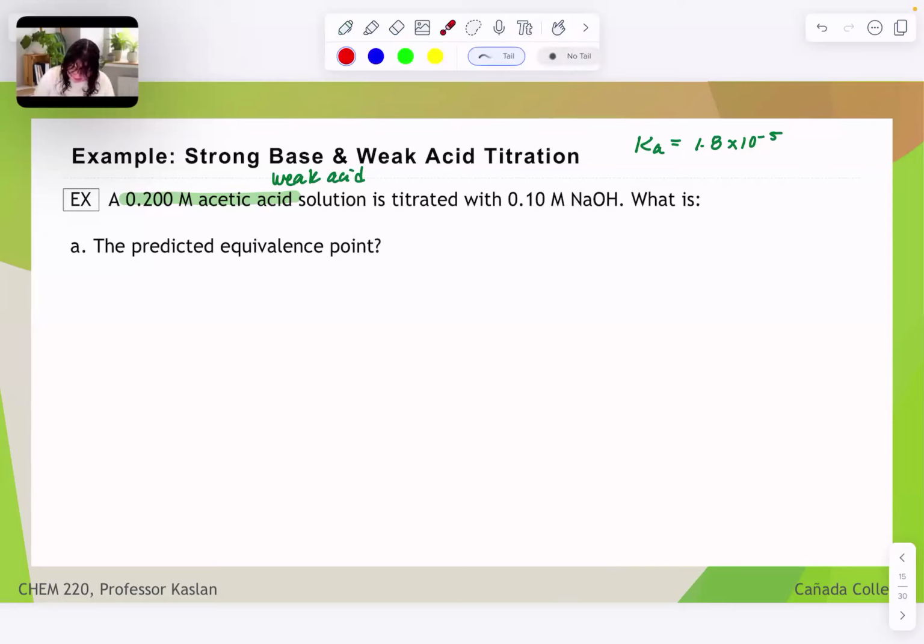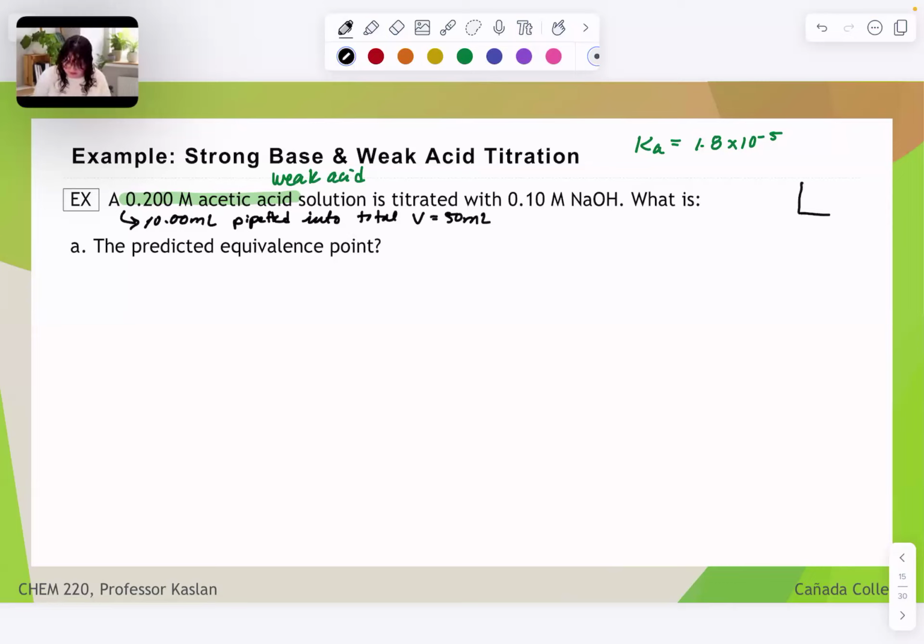And this solution is titrated with 0.1 molar NaOH. And I didn't provide information about this. Let's assume that we had, like we might in lab, 10 milliliters of this, pipetted into a total volume of 50 milliliters for our titration.